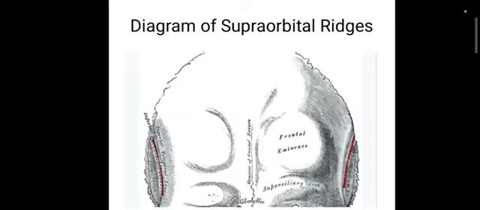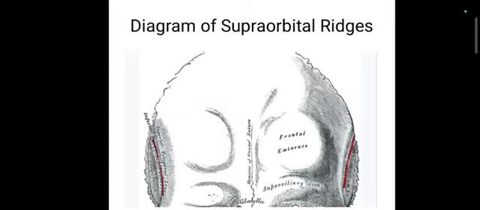So this is the skull, and you can see the upper part of the glabella, and the supraorbital arc, which is the medical term. This supraorbital ridges are also known as brow ridges, B-R-O-W, and in medical terms they say the supraorbital arch.